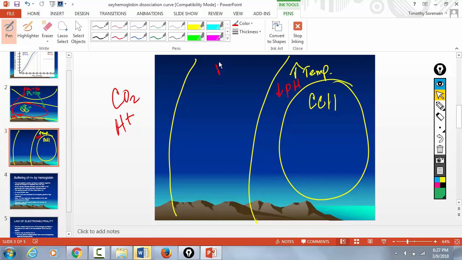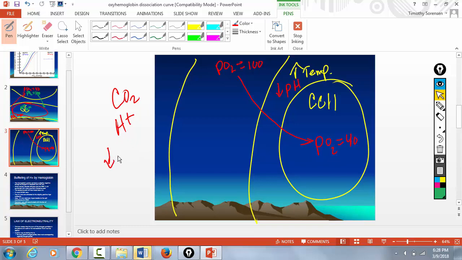What's the PO2 of arterial blood? 100. What's the PO2 inside the cell? 40. Tell me you got that. So the oxygen by pressure is going to leave the plasma and go into the cell. So what's going to happen to the PO2 of the blood as it gets to the systemic capillary in the cell? The PO2 is going to go down.